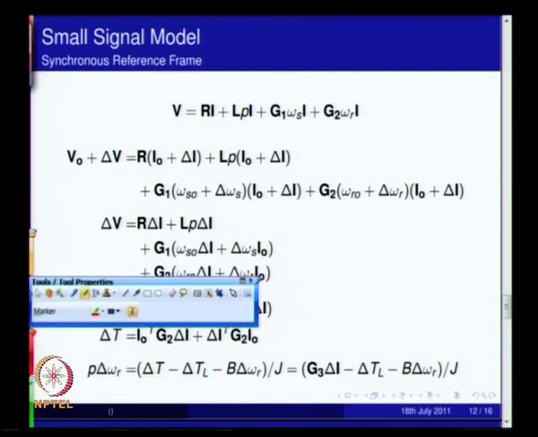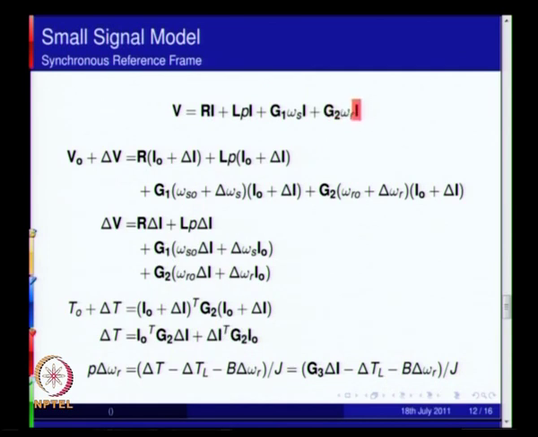Just like we did in the case of DC machines, if you remember we looked at equations in the stationary reference frame, and then we said that from these equations one can even derive expressions for DC machines, and then we found that those equations are in general nonlinear, and we tried to linearize those equations by applying small disturbances. So the same thing can be done here as well.